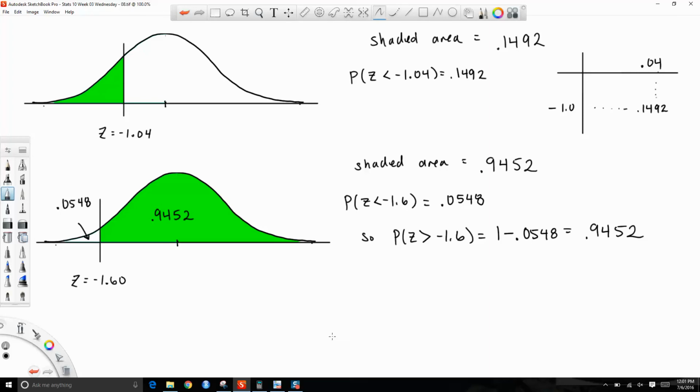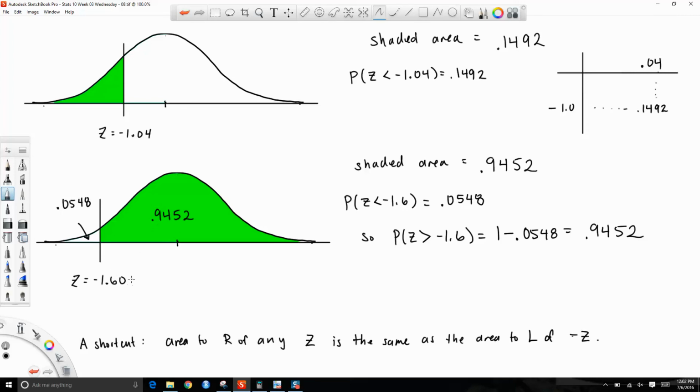Here's a shortcut, and you don't have to use the shortcut. The area to the right of any z is the same as the area to the left of the negative of z. In this case, we want to know the area to the right of negative 1.6.